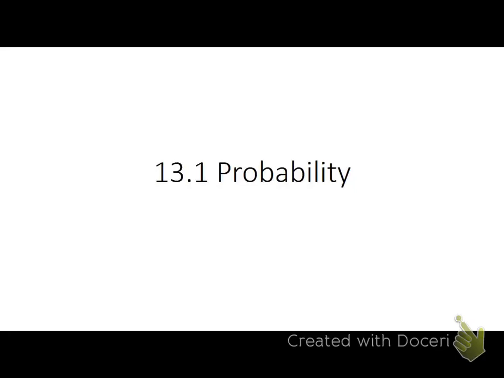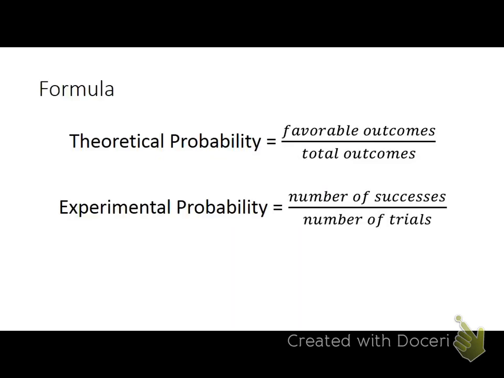So we're in section 13.1, probability, looking at two types of probability, theoretical probability and experimental probability. At the beginning of the lesson, we talked through a lot of different scenarios, but what it comes down to is theoretical probability is scenarios that I'm playing out.